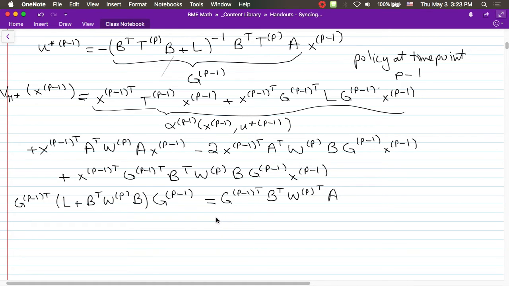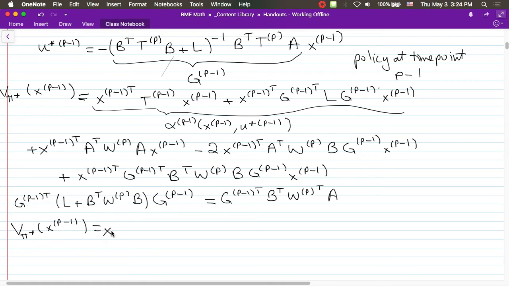All right, so now I can write the value function in a more simplified form at state time point P minus 1 as a quadratic form. So everywhere I have x transpose to the left, x to the right. Every one of these elements here has that term in it.